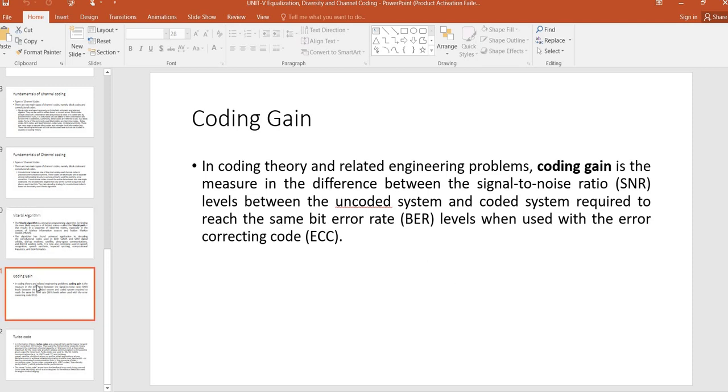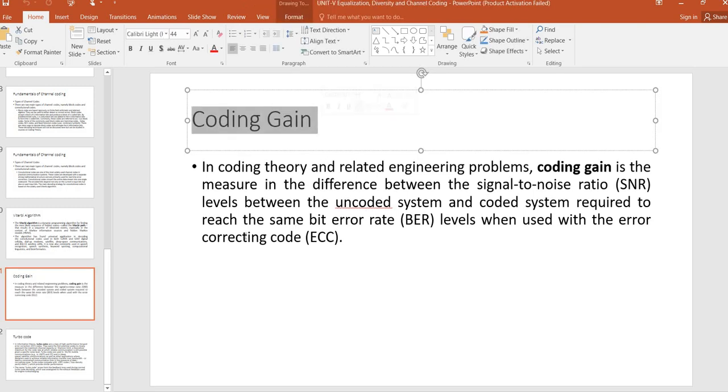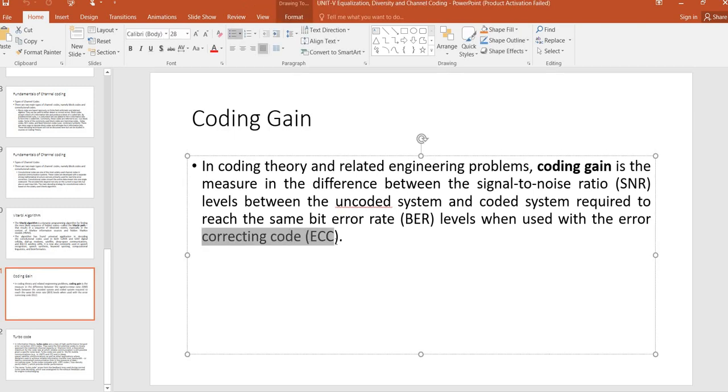So for this coding gain, this ECC is very important for random errors.